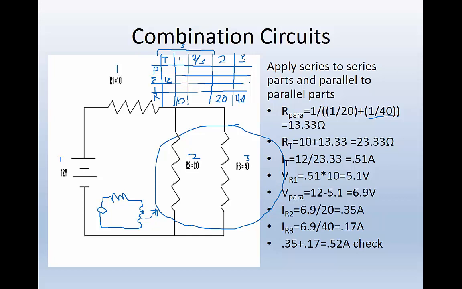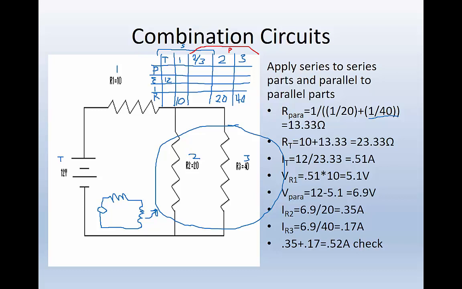This portion right here, the 2 and 3, is actually in parallel. And that allows us to solve this. If we just ignore these two columns right here, the 2 and the 3 is like its own little parallel circuit. We're going to combine those together.